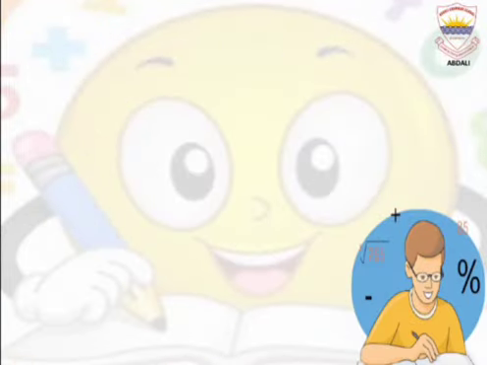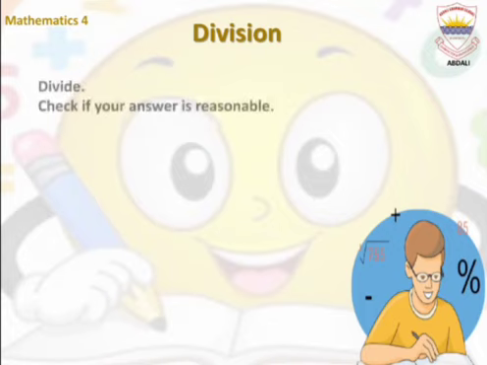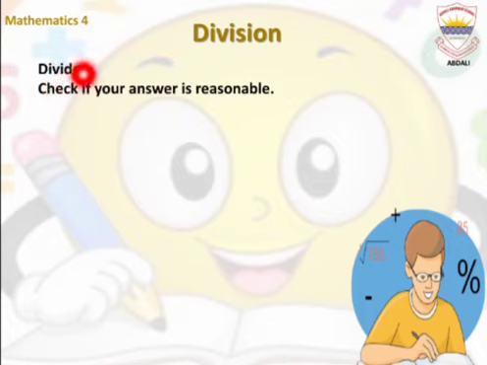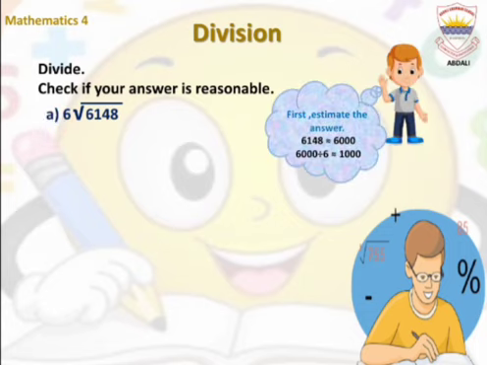Now student, let's start to solve our second example of division. Divide, check if your answer is reasonable. Student, here our question is shown: 6148 divided by 6. First of all, student, we estimate the answer.